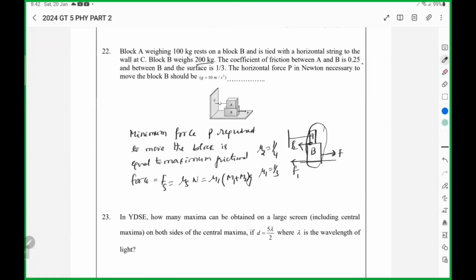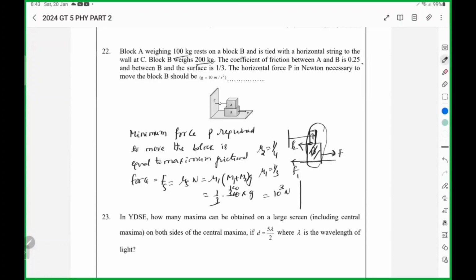That is 200 plus 100, which is 300. So 100 g, which is 10 cube newtons. So this movement of block B is also opposed by block A because between them friction is there.